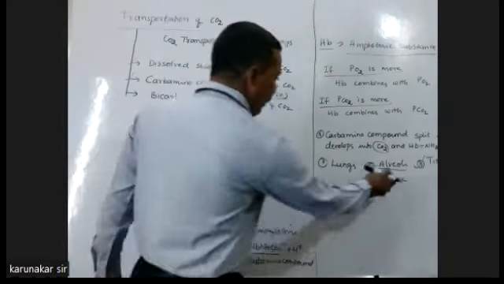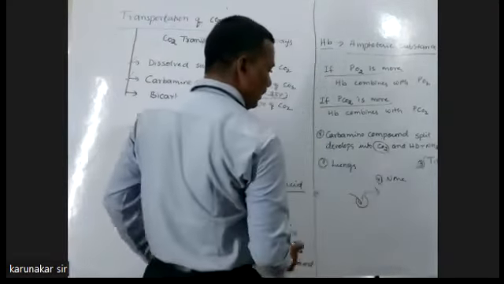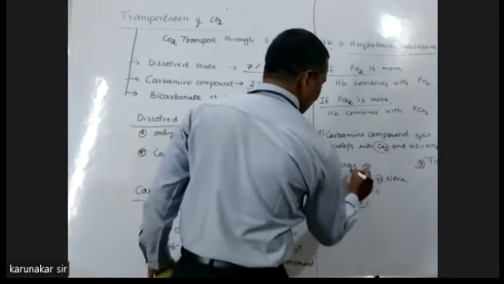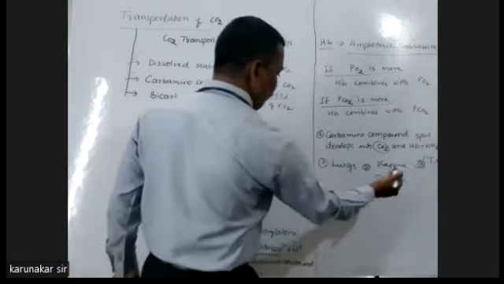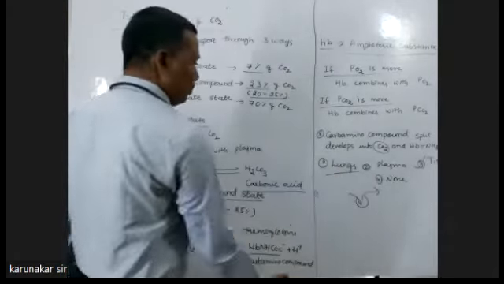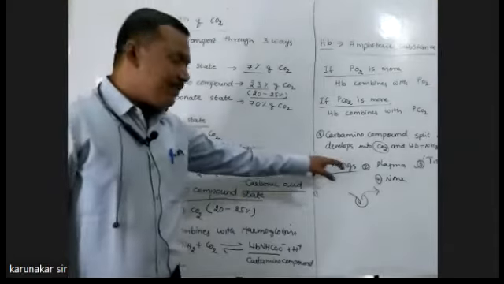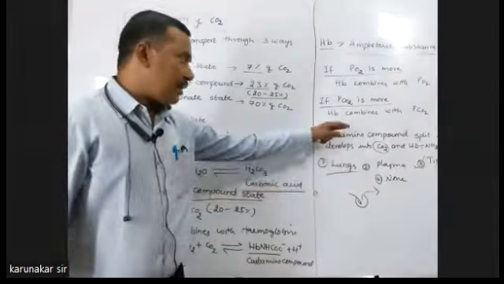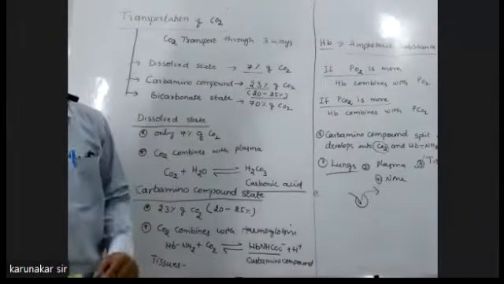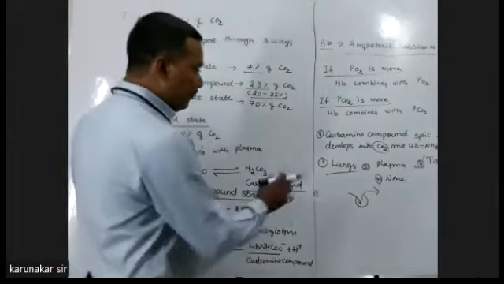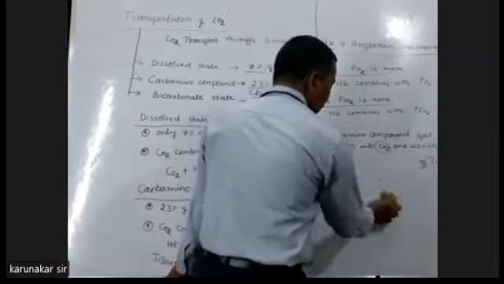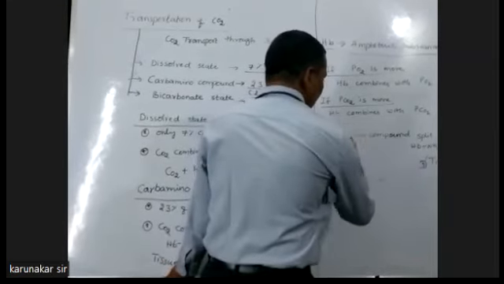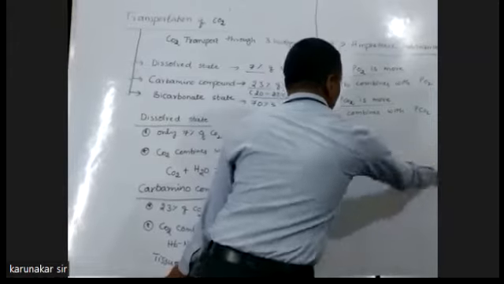If only lungs are present, with options lungs, plasma, tissues, and none, we choose lungs. But in the specific area of the alveoli the carbamino compound splits. So if lungs and alveoli are both present, we choose alveoli.